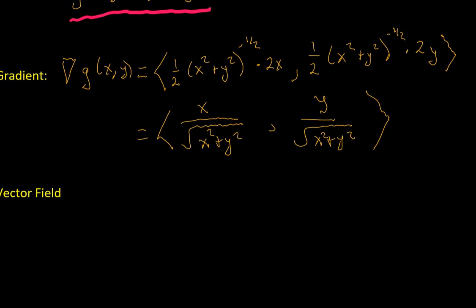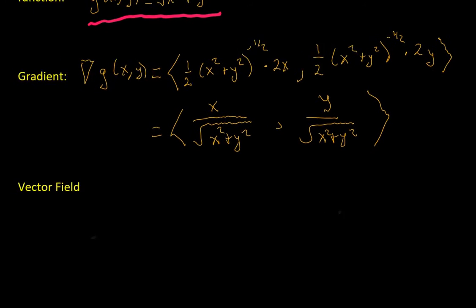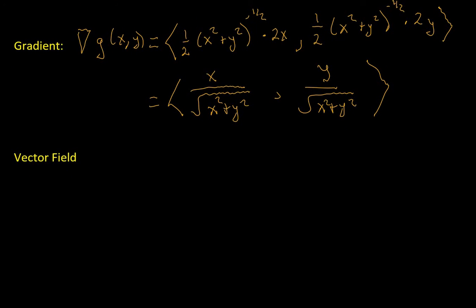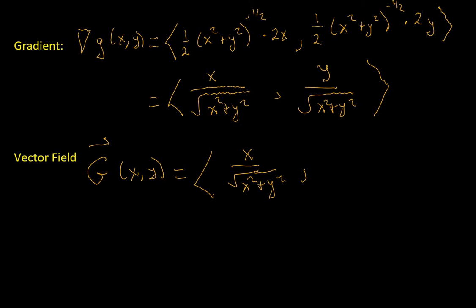So the vector field notation we've seen in the textbook is to just use a different naming at the beginning, but call it capital G of x y equals, and the same two components we just wrote down, x over the square root x squared plus y squared, that's messy, sorry, comma, y over the square root x squared plus y squared.